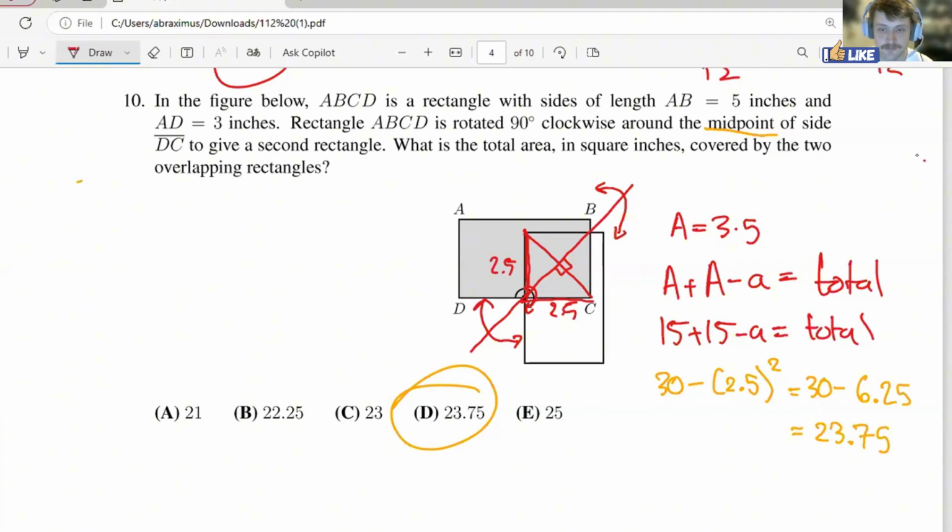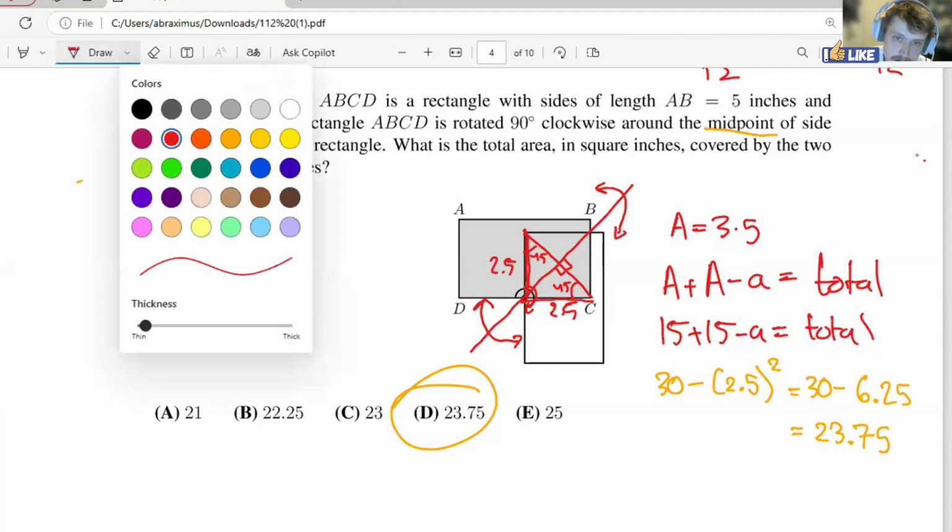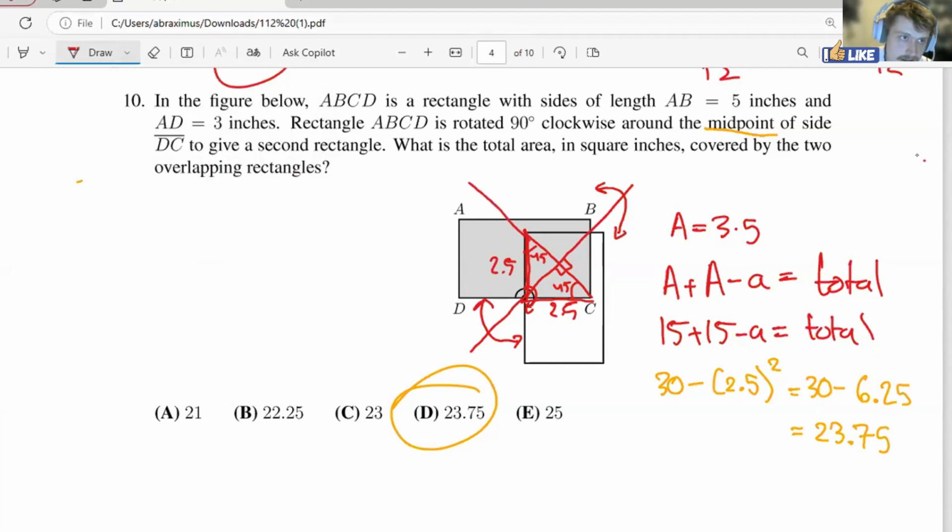But it's isosceles, so this has to be 45, and this has to be 45, and so then it's a square from that, and we can also then reflect it over this line. Let's do it in blue. If we reflect it again, then we get this is also 45 and 45 and 90. So I would just use symmetry.